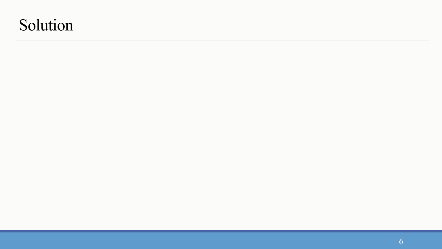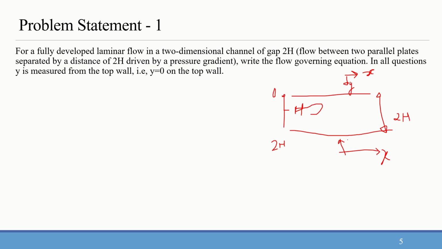So what is asked? We are asked to write the flow governing equation. So we will see how to do that. The takeaway from the question is that it is a fully developed laminar flow and the flow is driven by a pressure gradient. And we have to write the flow governing equations. So what is the inference which we can draw from this question?